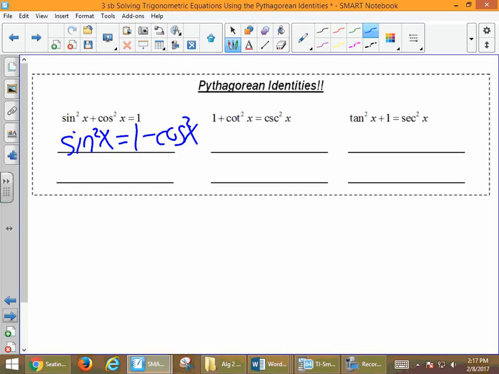All I did was subtract cosine squared over to the other side. We could do the same thing and solve just for cosine squared. And so we would subtract sine squared from each side, and we would have 1 minus sine squared is equal to cosine squared.